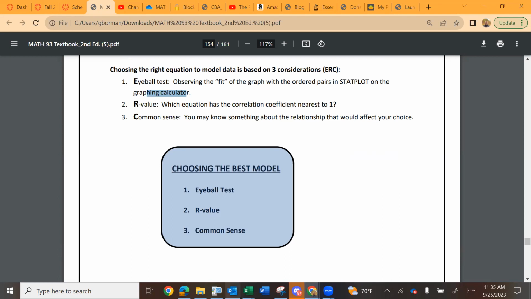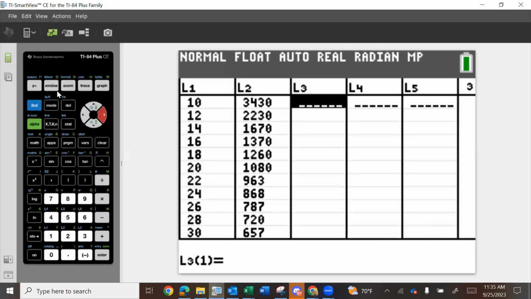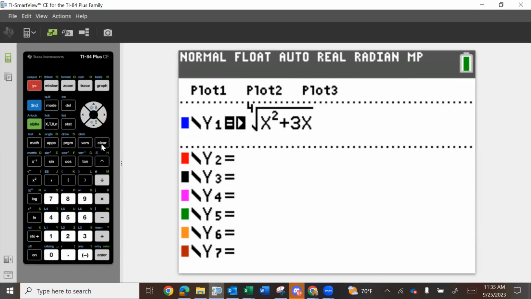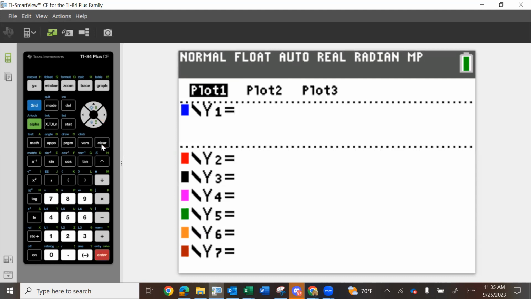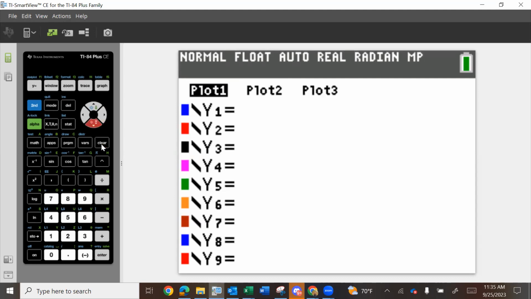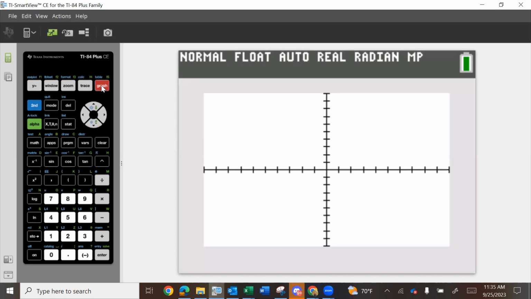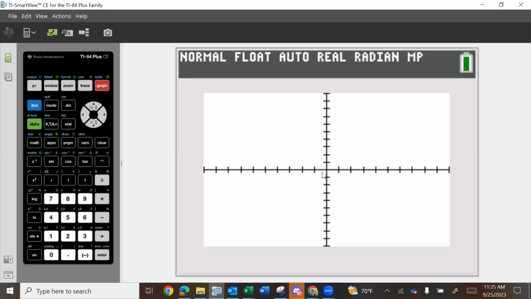All right, so let's take a look. First of all, we need to graph the data. So I'm going to go y equals, clear out any old functions, and I'm going to go up to plot one and make sure it's turned on. You turn it on and off with the enter key. Then I could just go straight to the graph, but I probably won't see much, because the regular graph just goes -10 to 10 in both directions.